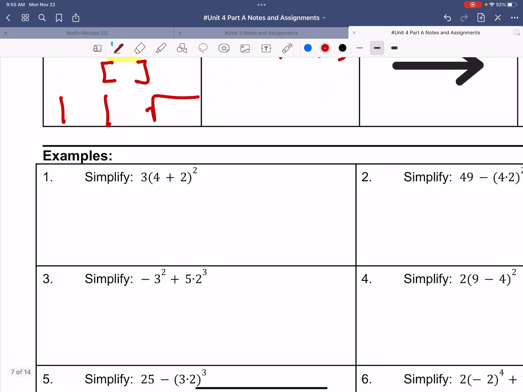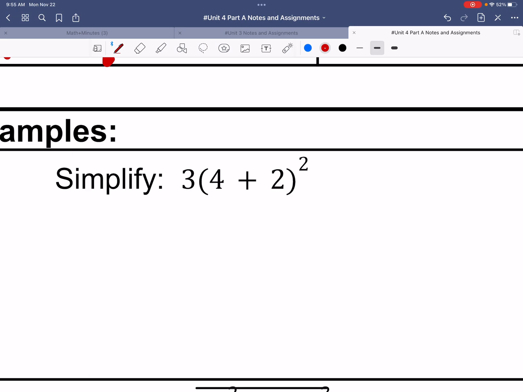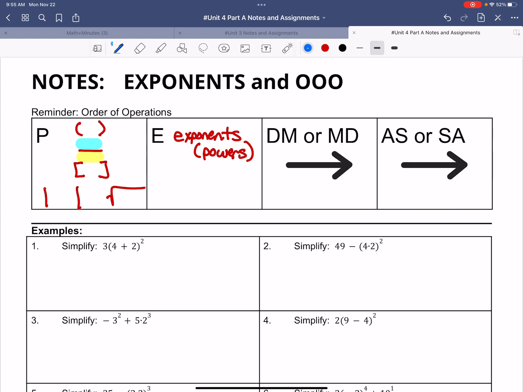So let's take a look at these and let's be very methodical about this. There's our first problem. What is the very first thing I should do, Travis, on this problem? What should I do first?